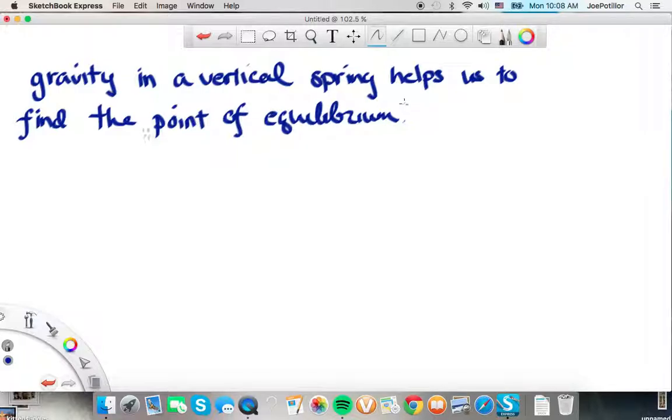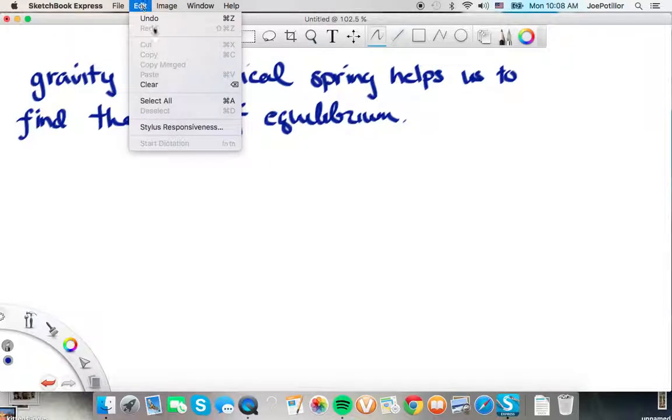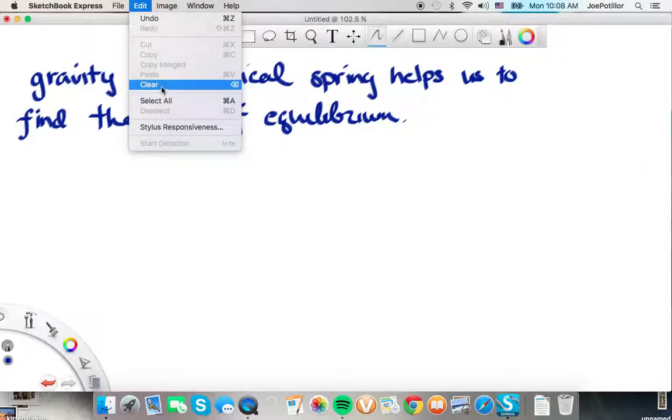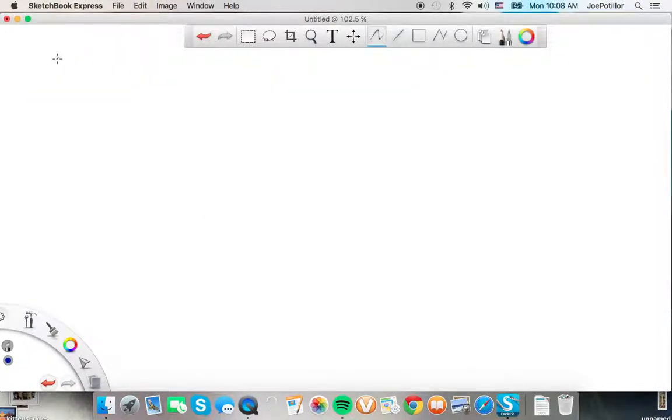So here we go. Let's erase it. So we have our pendulum, something like a clock, right, of the pendulum.